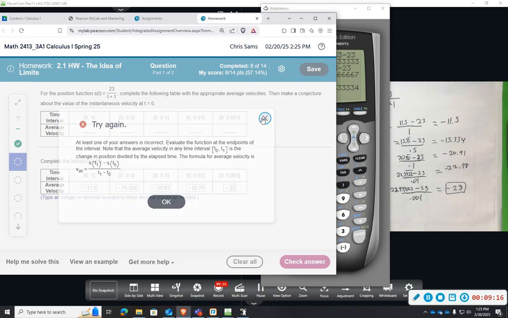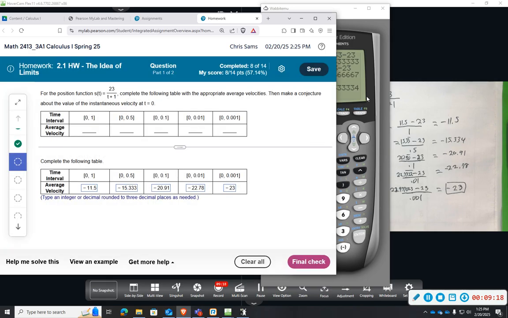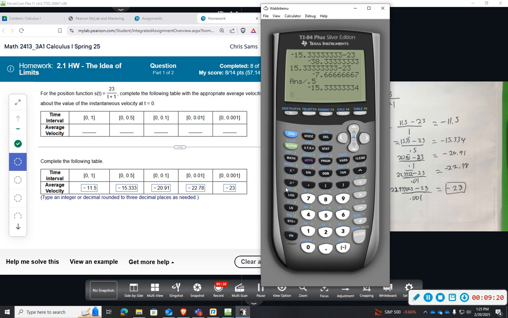Okay, and I'll check a couple more just to see. So all of them have repeating decimals, and again, if I round before I get to the end, it just throws it off. So let's check them all now. So we got 20 and then 90 repeating.